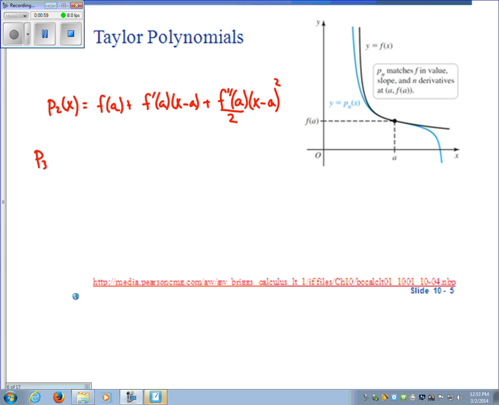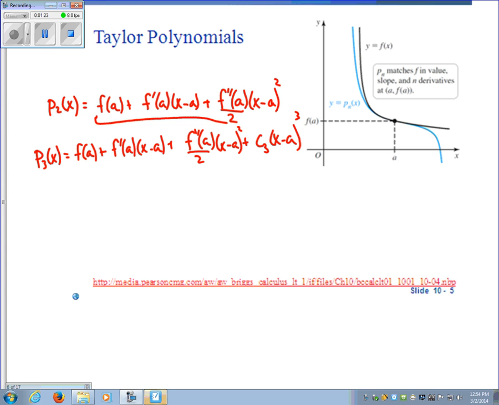So the third order polynomial would be f of a plus f prime of a, x minus a, plus f double prime of a over 2, x minus a squared, and then plus some c3 times x minus a cubed. Now, we already know that the polynomial of degree 2 matched the function's value.